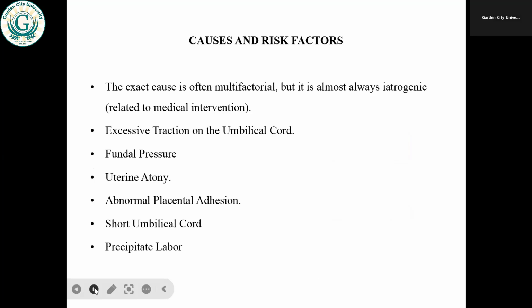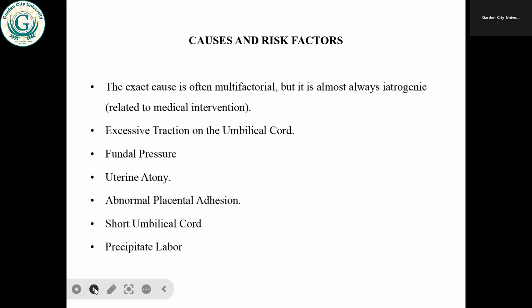So we say the causes of uterine inversion are multifactorial, in the sense that it's mostly related to medical intervention that will lead to the inversion. So number one on the list, we have excessive traction on the umbilical cord.